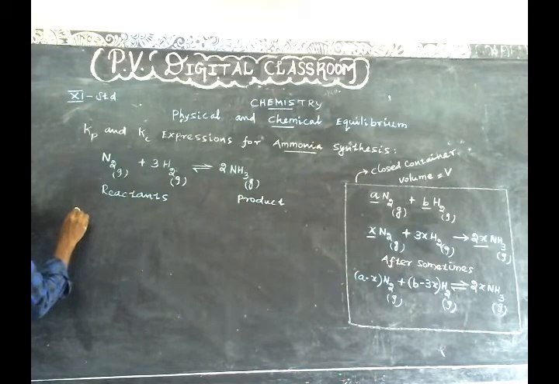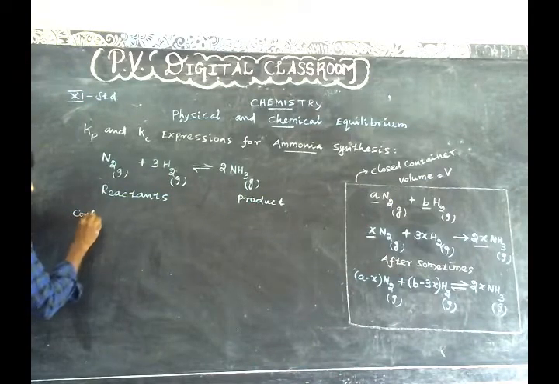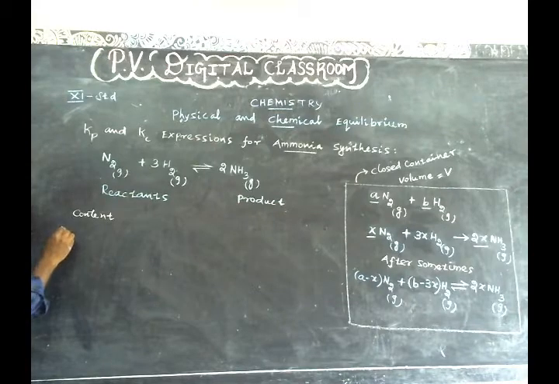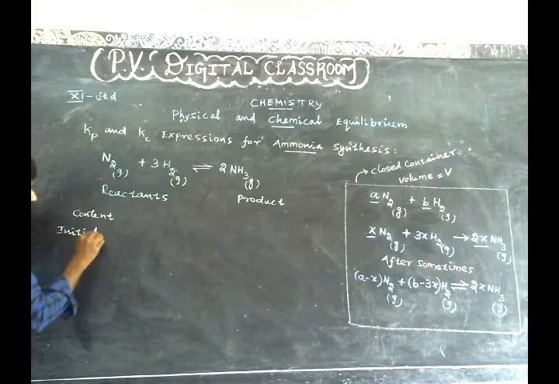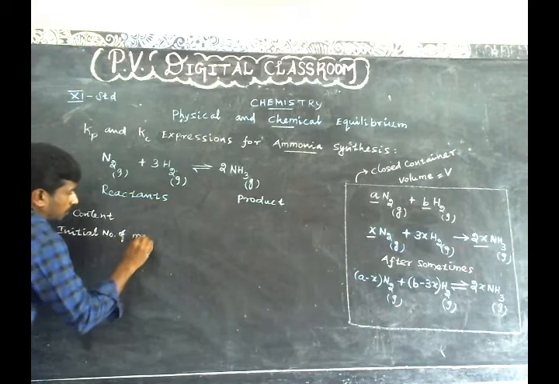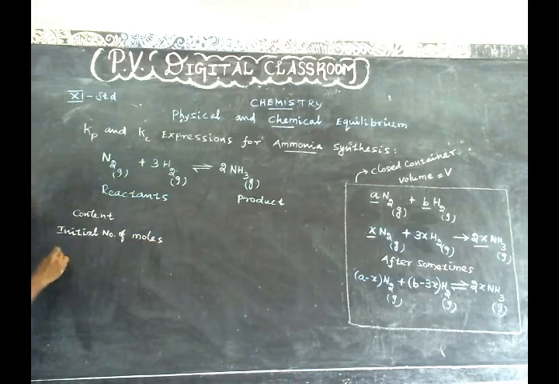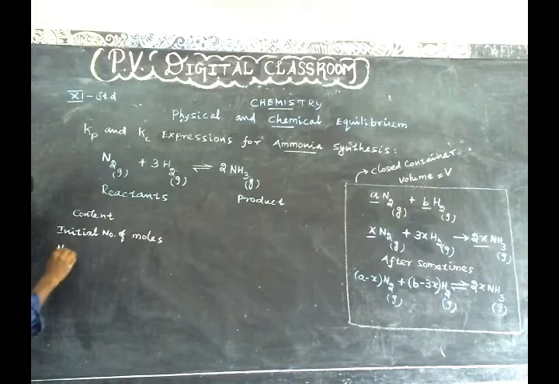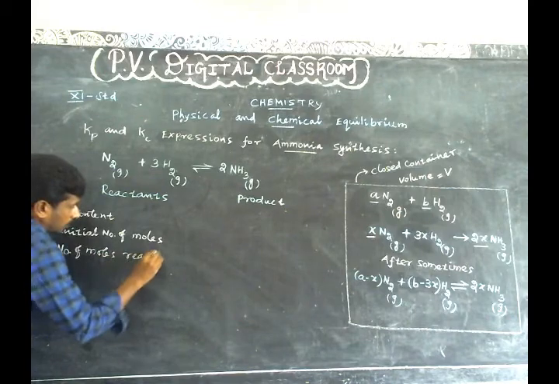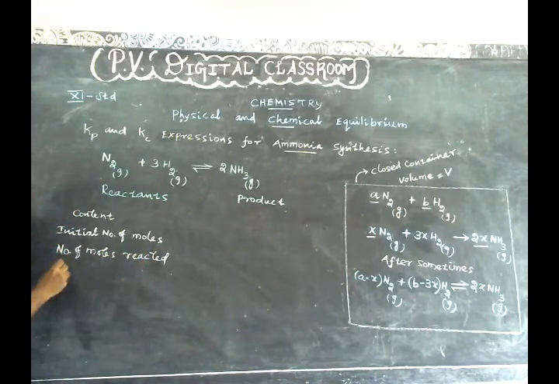Then, the table contents. First one, initial number of moles. Second one, number of moles reacted. Third one, number of moles at equilibrium.